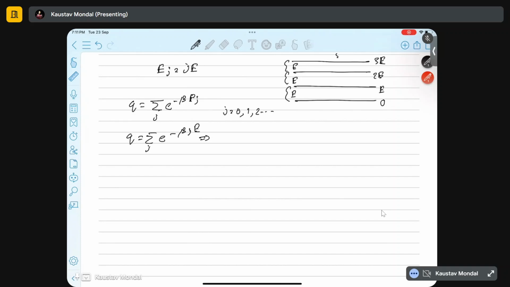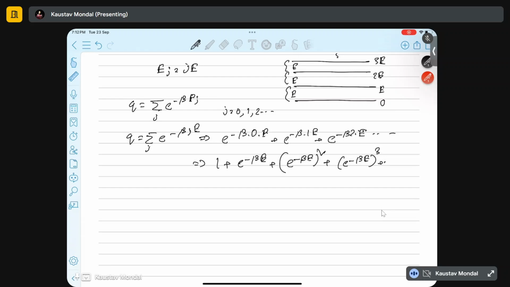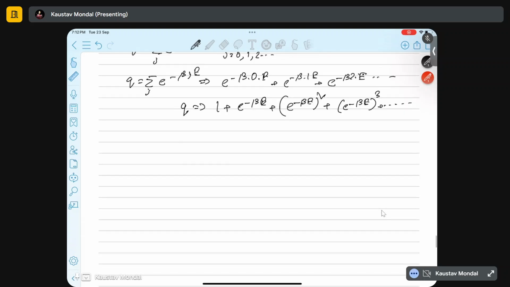That means it starts from e to the power minus beta into 0 into E, plus e to the power minus beta 1E, plus e to the power minus beta 2E, and so on. So we can write this as 1 plus e to the power minus beta E, plus e to the power minus beta E whole square, plus e to the power minus beta E whole cube, and like that it goes on. The Q expression looks like this.